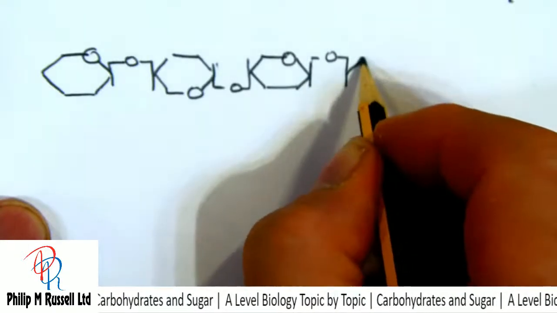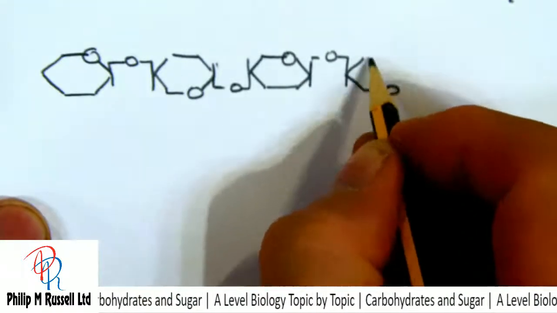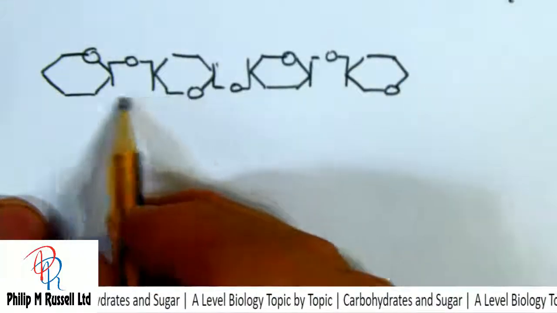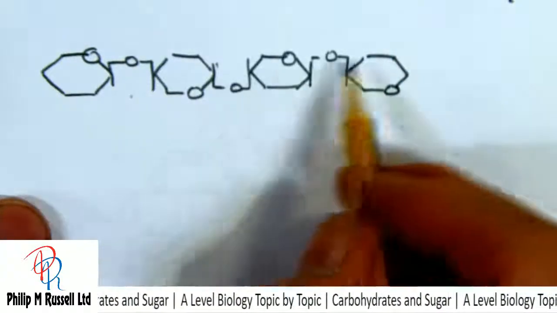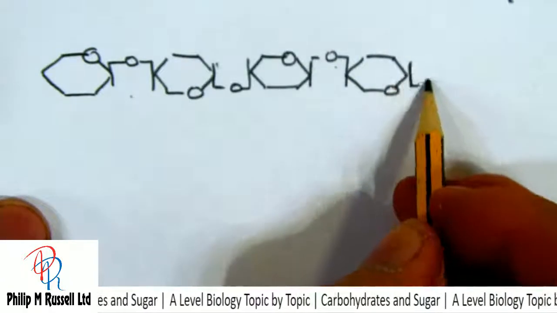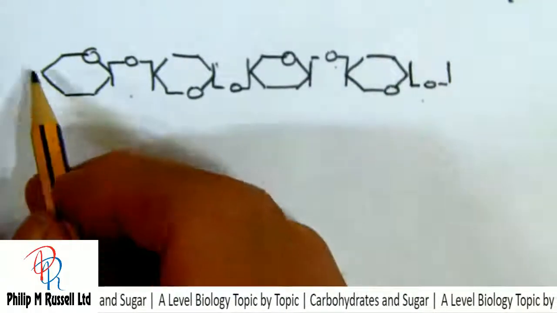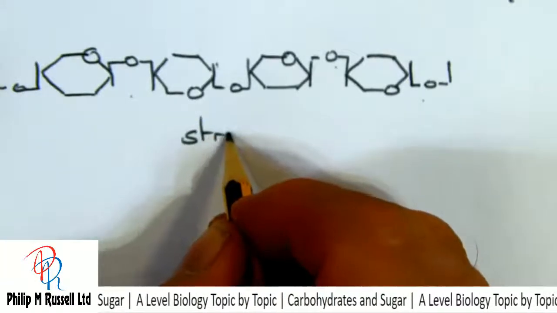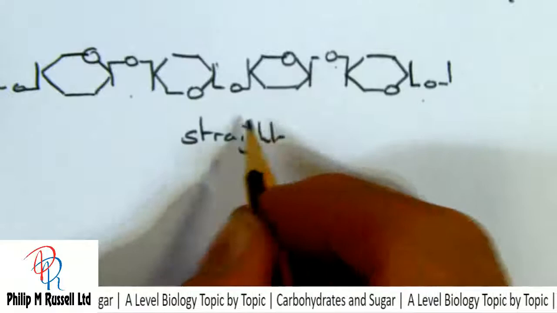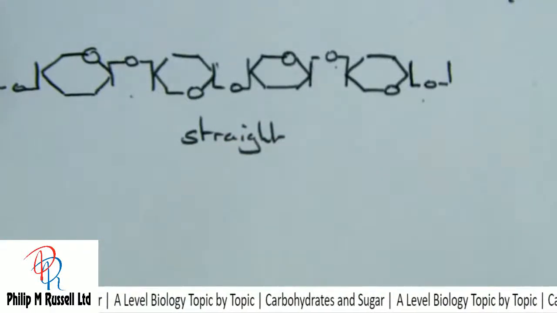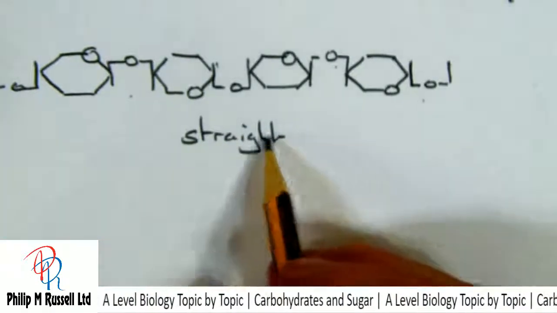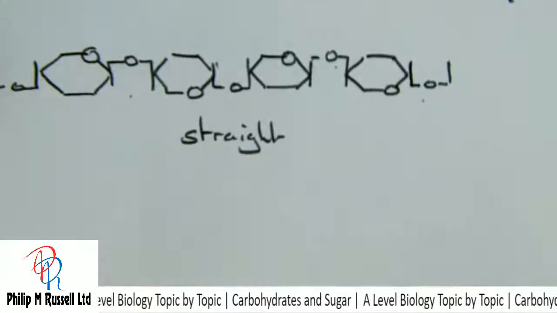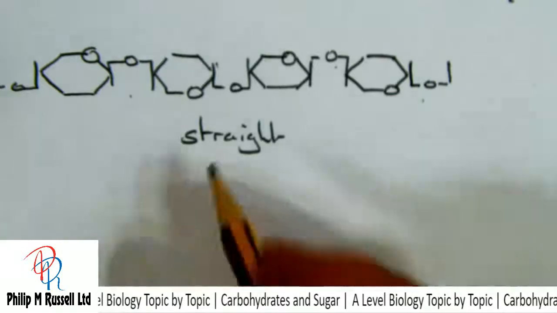Now what this gives us, with this up-down type of configuration, is a pretty straight molecule, and this is going to be a lot straighter than the other one, the amylose.